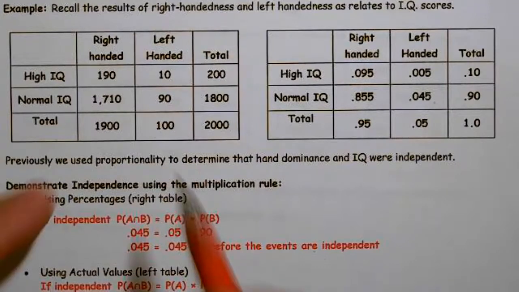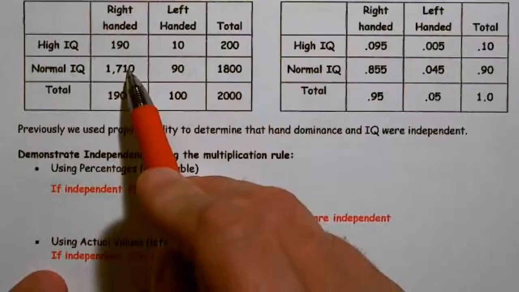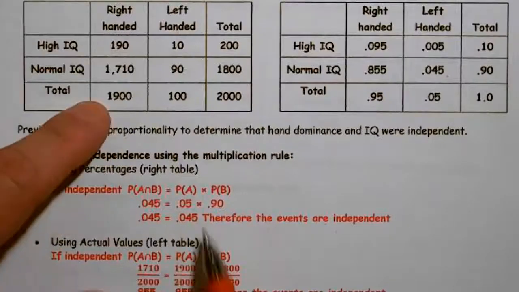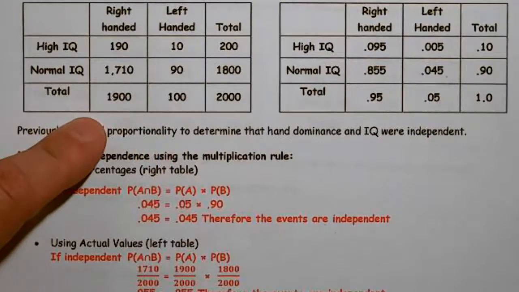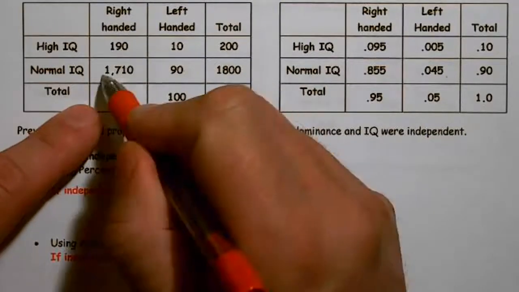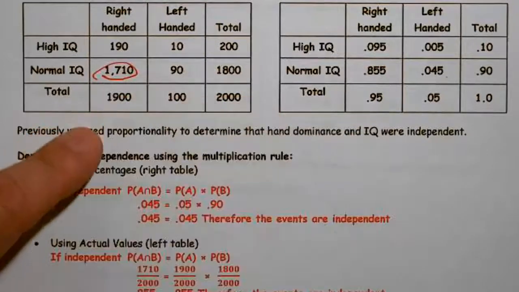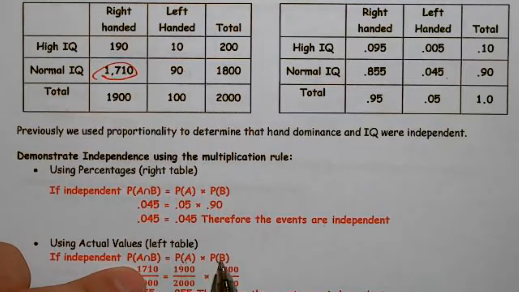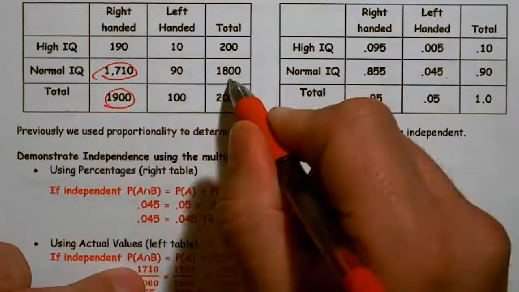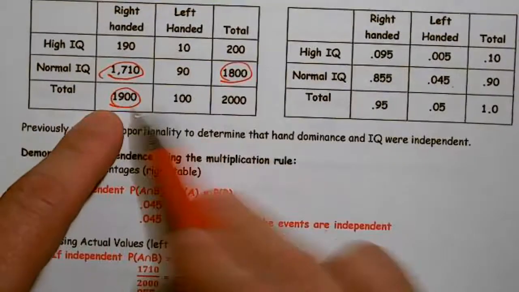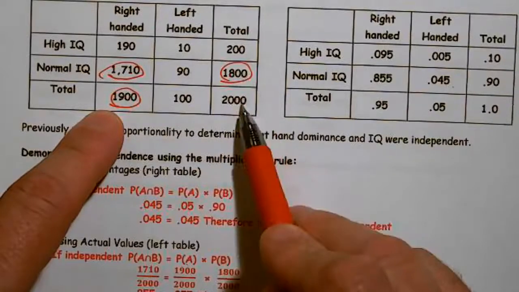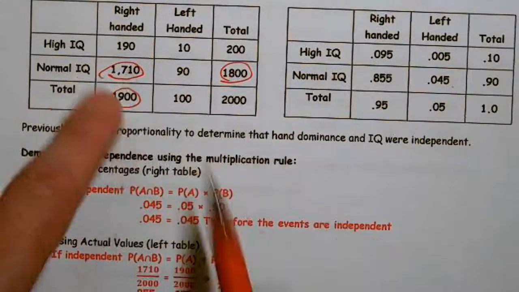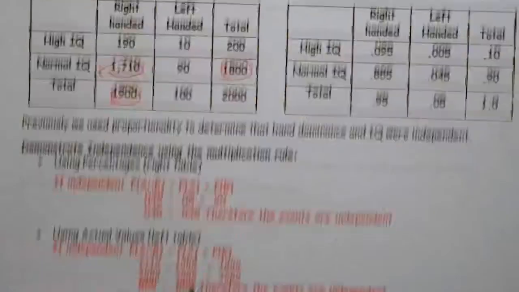So I decided to use normal IQ. The probability of A and B equals the probability of A times B. So 1900 over 2000 times 1800 over 2000 has to equal 1710 over 2000.